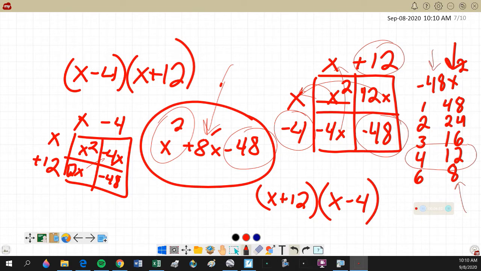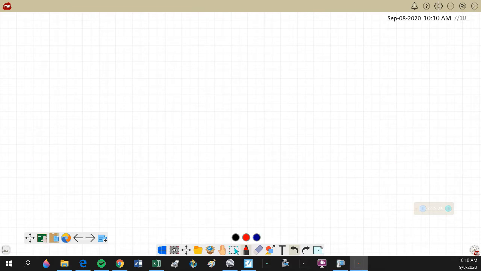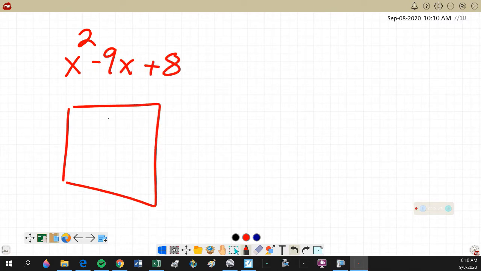Let's do another one. So x squared minus 9x plus 8. Draw this box. I stick x squared in and I put in 8. Now I multiply those together.